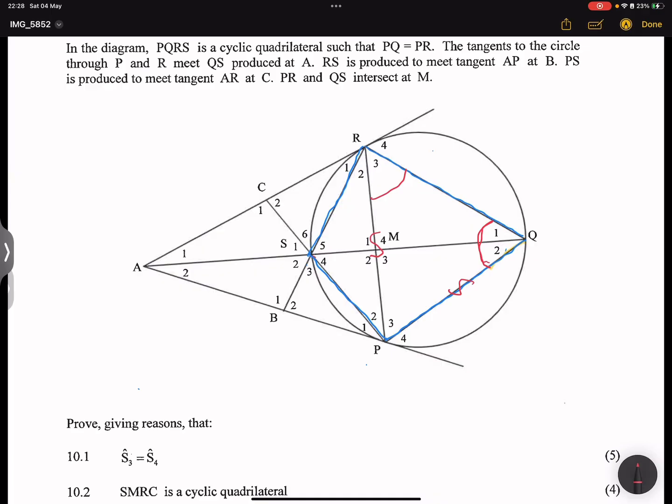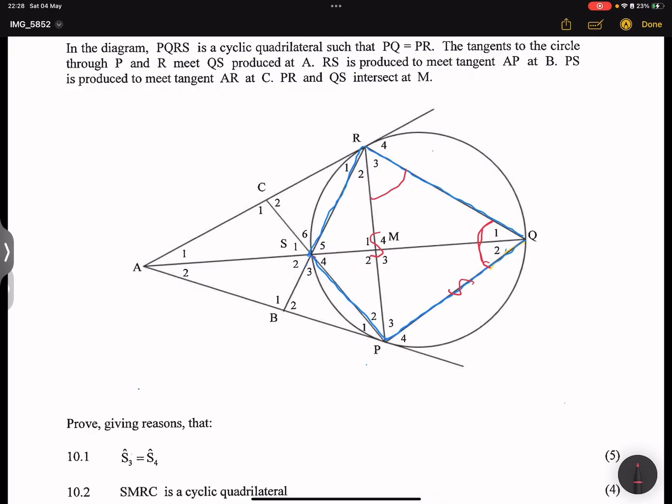Right, now let's continue. They say the tangents to the circle. Now please note, when we've got tangents, we might need to apply the tan-chord theorem or anything related. And in this case, because we've got two tangents, we might use tangents from the same point.